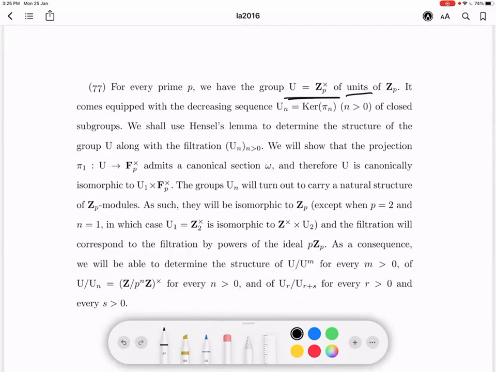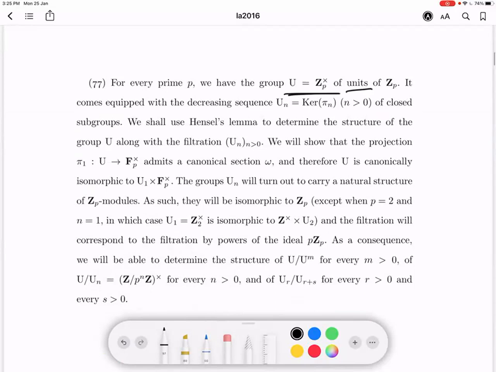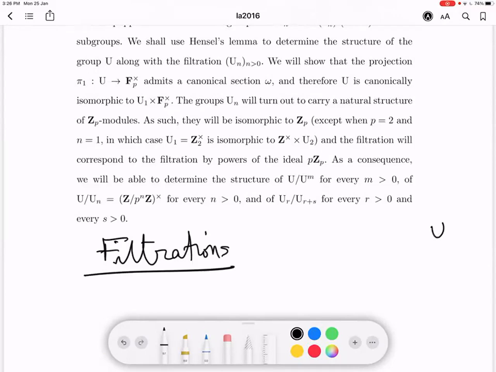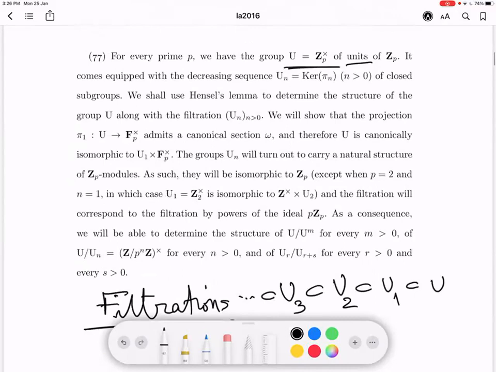Now for p-adic fields, everything comes with a filtration. For example, inside the units U there is going to be a subgroup U1, inside this a subgroup U2, inside this a subgroup U3, and so on. So what is this filtration?